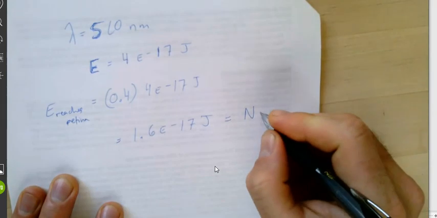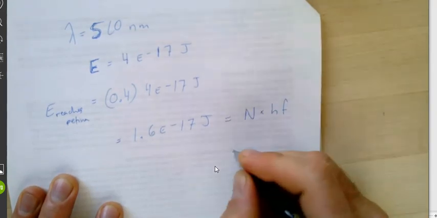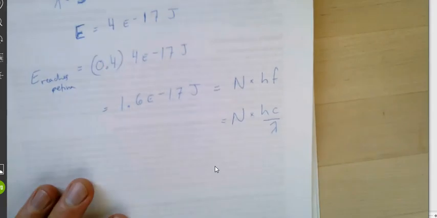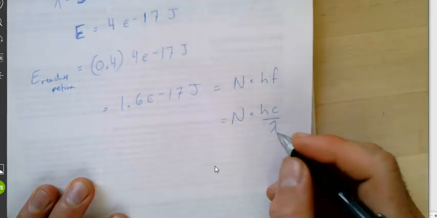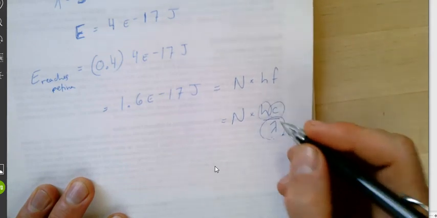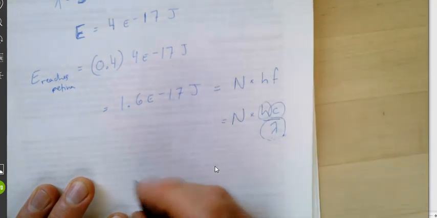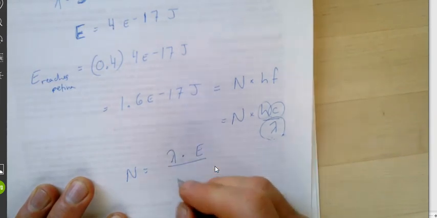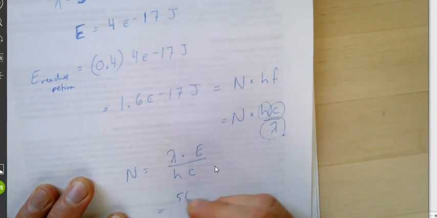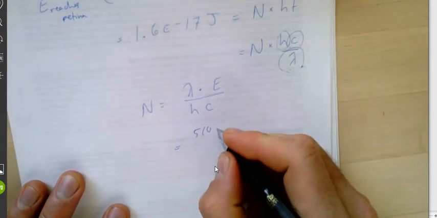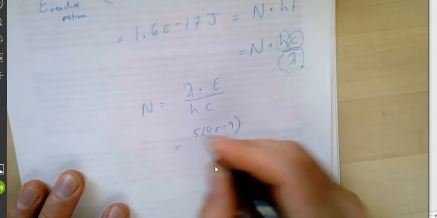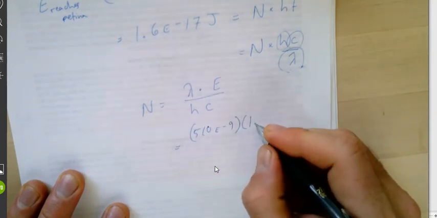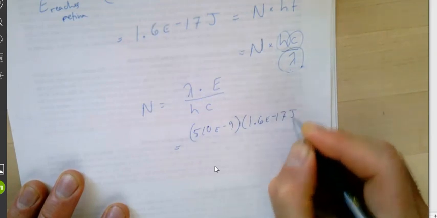So we're going to use the number of photons times hf, or in other words, the number of photons times hc divided by lambda, using that relationship between f and lambda. We can move the wavelength, the c, and this h over to the other side. So N is going to be equal to lambda times that energy divided by hc. Lambda is 510 times 10 to the minus 9 meters times the energy, which is 1.6 times 10 to the minus 17 joules.